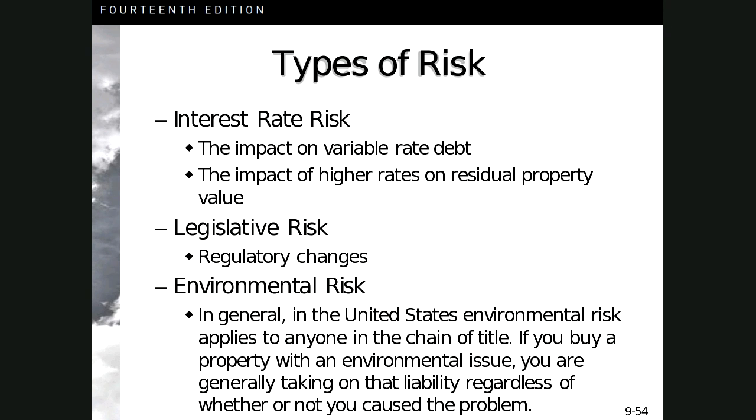So if anybody spilled oil, did anything hazardous onto the property, or put poison on the ground, and you buy that property, then you are liable, even if you are not the one who did it. This is what we mean by environmental risk.